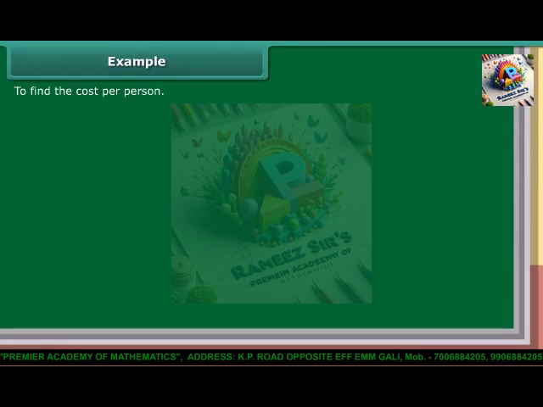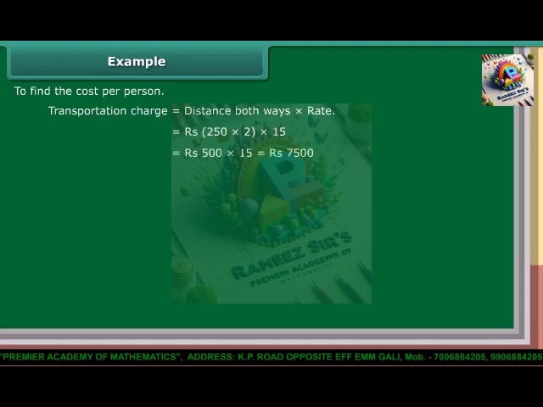To find the cost per person, transportation charge is equal to distance both ways into rate, which is equal to Rs 250 into 2 into 15, which equals Rs 500 into 15, which is equal to Rs 7,500.